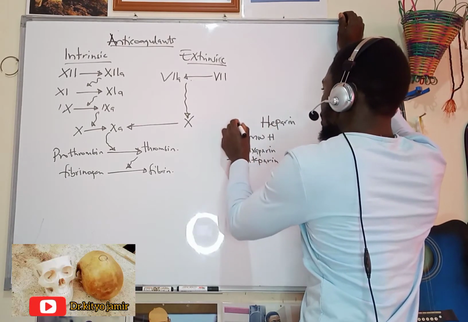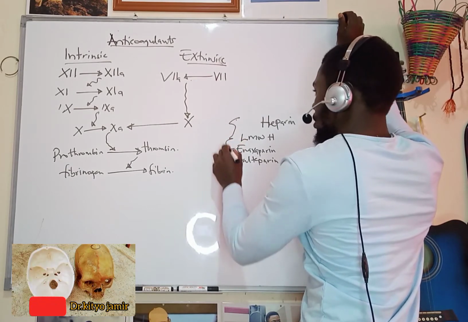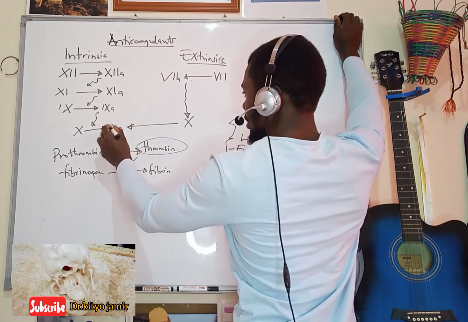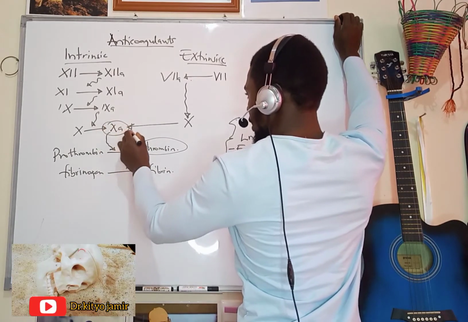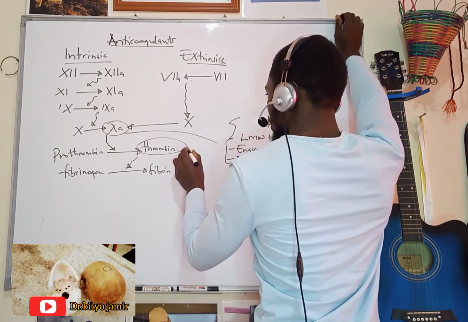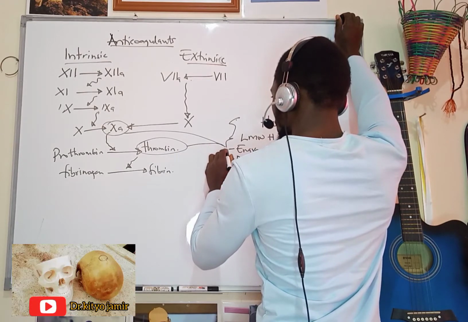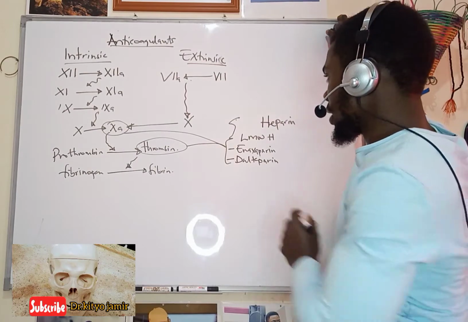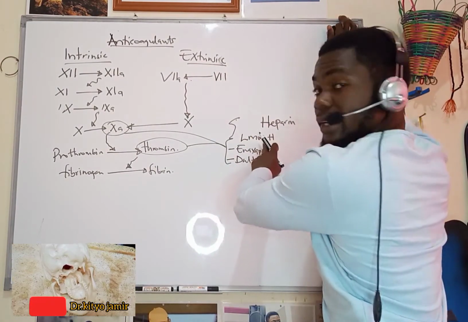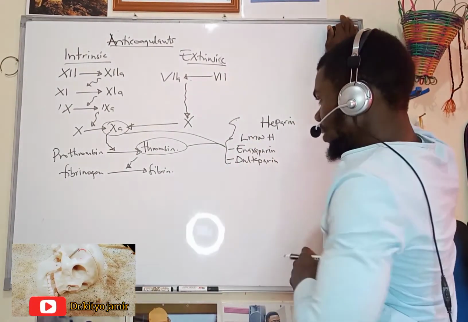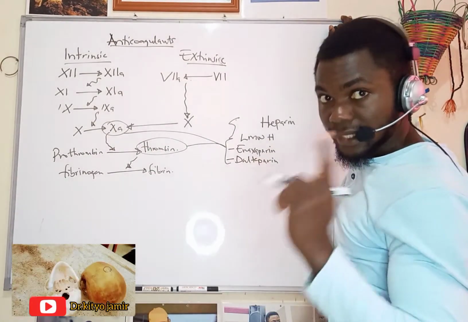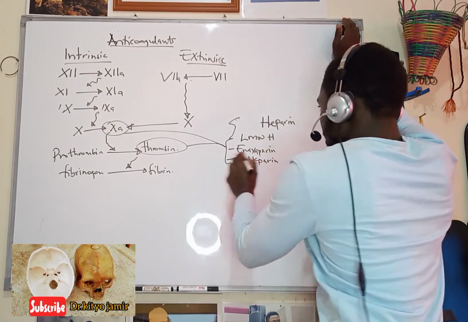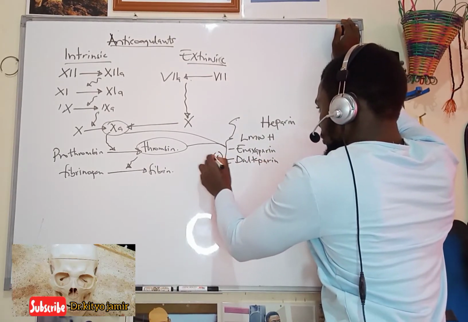So these ones, they are going to inhibit thrombin and factor 10. But low molecular weight heparin, where we have enoxaparin and dalteparin, they are selective and specific for factor 10. So these ones are selective for factor 10.